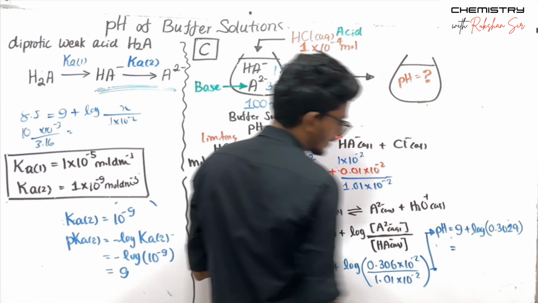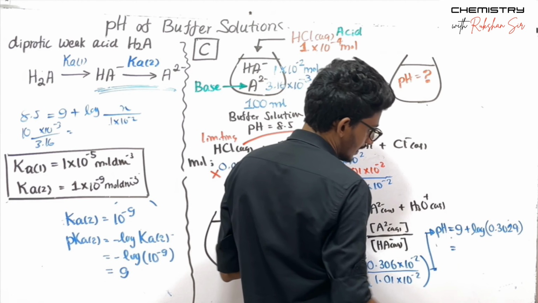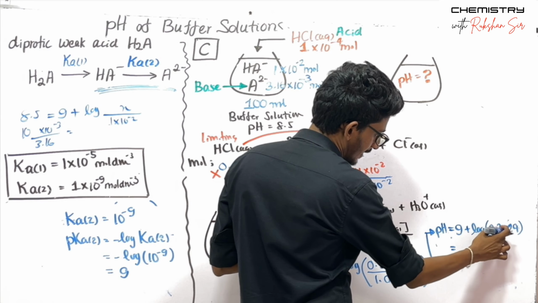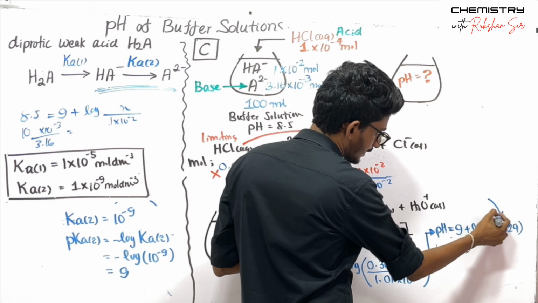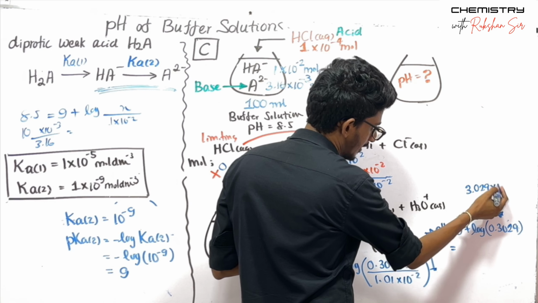So we can write this value as 3.029 into 10 to the power minus 1, right?